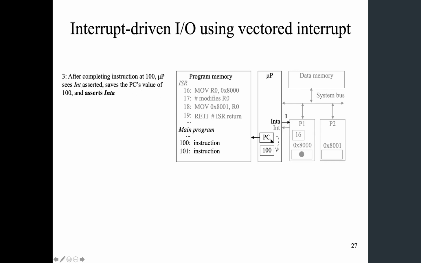It will save the value of the PC, and it will assert interrupt acknowledgement. So this is a feedback coming from the microprocessor to the peripheral that generates the interrupt. This is to tell the peripheral that, okay, I'm ready to accept your interrupt vector. So tell me where I should go to find my interrupt service routine.